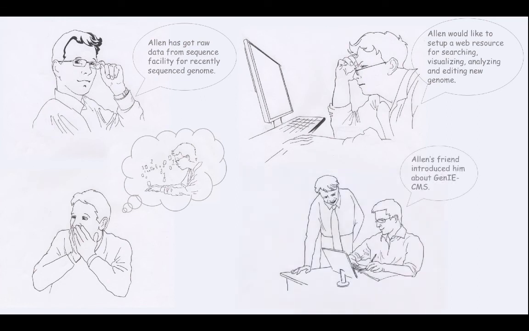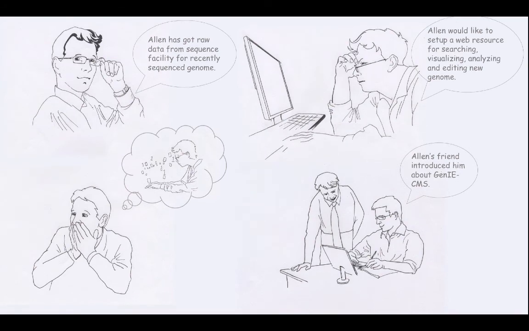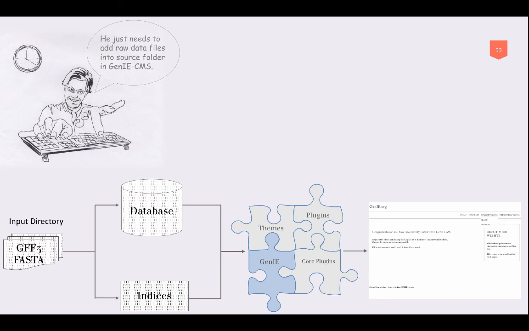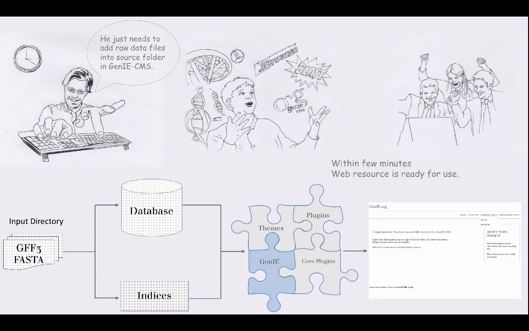Unfortunately, like most biologists, Alan is not a programmer. However, Alan's friend called Fred introduced him to Genie CMS. He went to the geniecms.org website and downloaded the CMS. All he needs to do is put his raw material into the small directory in Genie CMS. Suddenly, he will get the fascinating website similar to PlantGenie for searching, visualizing, and editing his genome.